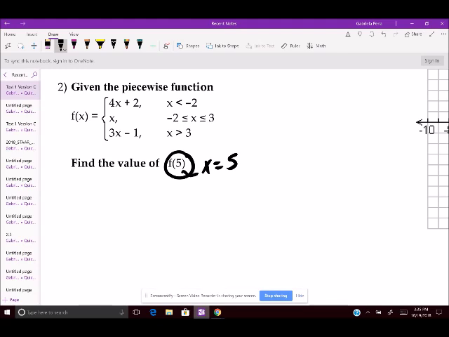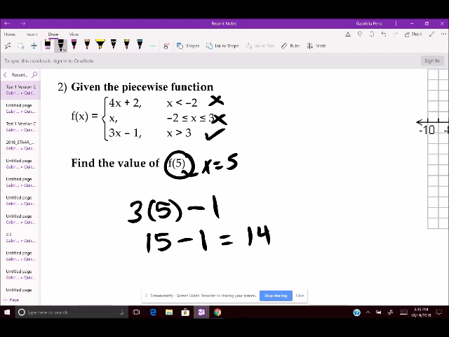So we need to see, is 5 less than a negative 2? Nope. Is 5 in between negative 2 and 3? Nope. Is 5 greater than 3? Yes. Because it is greater than 3, then that means that we have to substitute the 5 in there. What is 3 times 5? 15. What is 15 minus 1? 14. This here is an easy 10 points that you should be able to get.